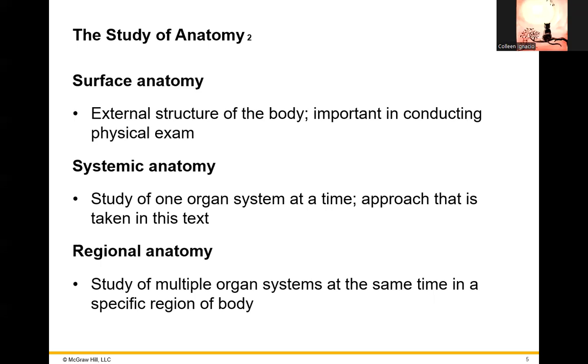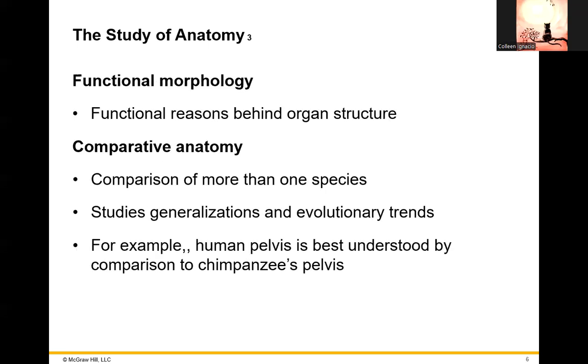Now, regional anatomy is a study of multiple organ systems at the same time in a specific region of the body. An example of that would be looking at the gastrointestinal system, and we'll look specifically at the abdomen. Okay, so that's your regional anatomy. Now functional morphology. There's reasons behind the organ structure, and that is, why is this organ shaped this way? We'll take the kidney, for example.